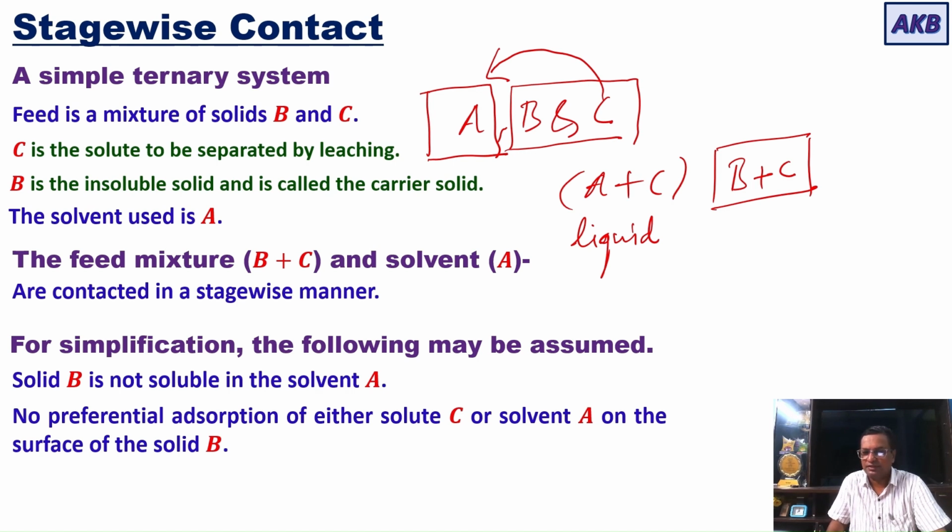So when the liquid and solid phases are in contact with each other, there is a possibility of C getting adsorbed on the solid surface or A getting adsorbed on the solid surface.